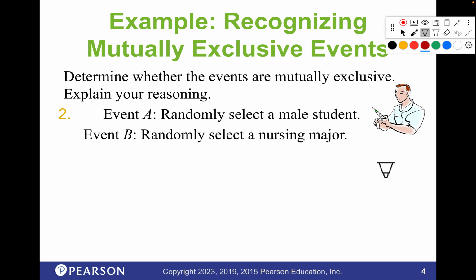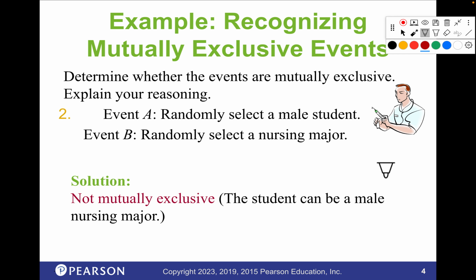You could be a male student and a nursing student at the same time. So these are not mutually exclusive. And we'll see how we have to handle that. We basically do the same thing. We can add those probabilities, but then we have to figure out the probability of being both and subtract it off, because we're basically counting them twice, right? If we just add the probabilities. That's all it is to it. Good.